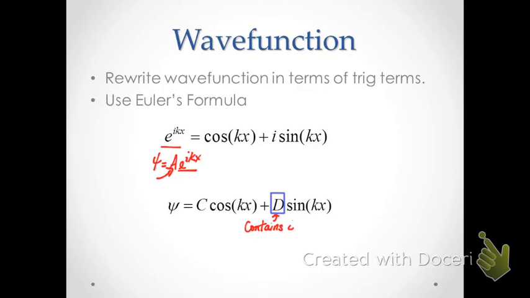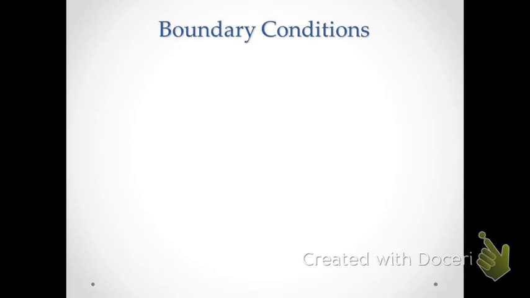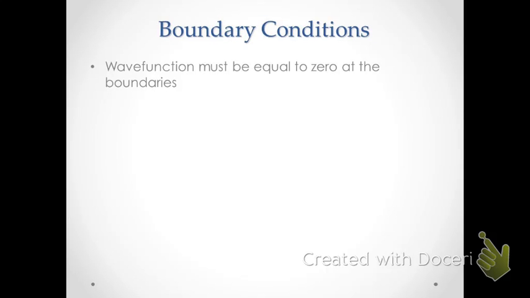All right. Now, back to what we talked about earlier with boundary conditions that we have to consider in the case of the particle in the box that we didn't have to consider in the case of a free particle. Those boundary conditions are related to the fact that our wave function must be equal to 0 at the boundaries, because outside the box it's equal to 0. You must remember that one of the conditions of our wave function is that it's continuous.